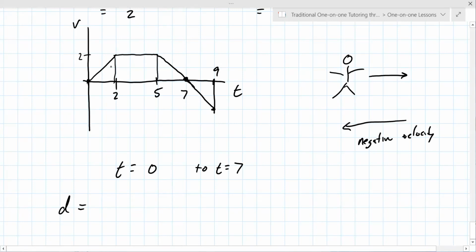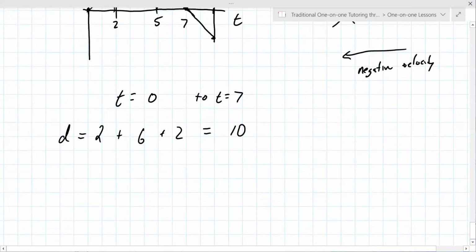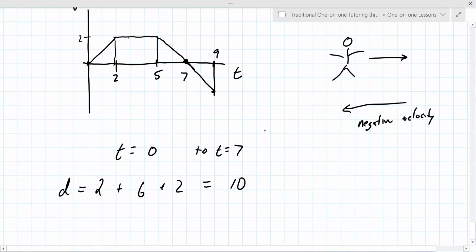So this first one has an area of 2. Plus 6 plus 2. I didn't get 6. Isn't the base 3 times 3? Where did I get it? 3 times 5. Oh, I was probably looking at the 5. It's from 2 to 5 and then time. So yeah, 6.